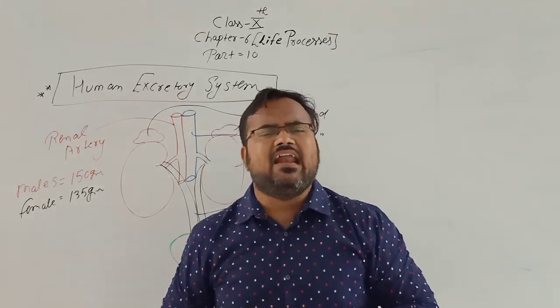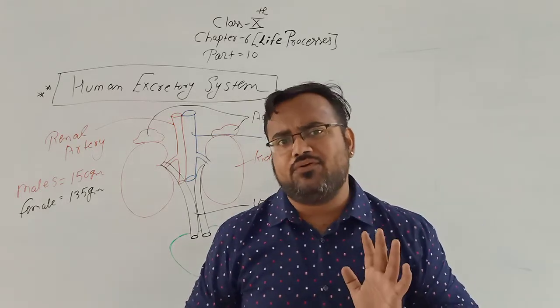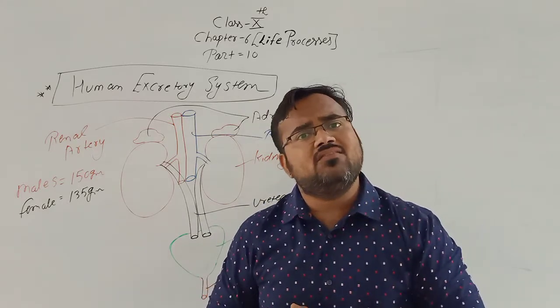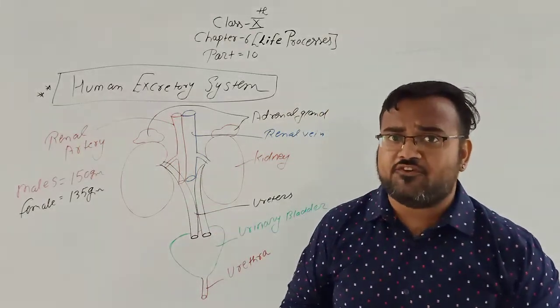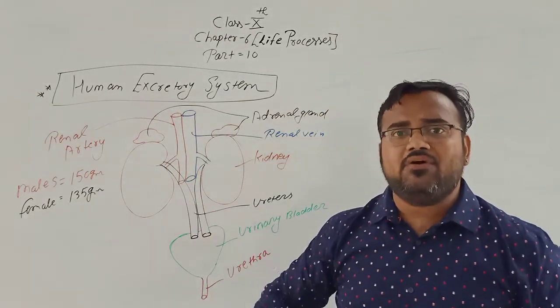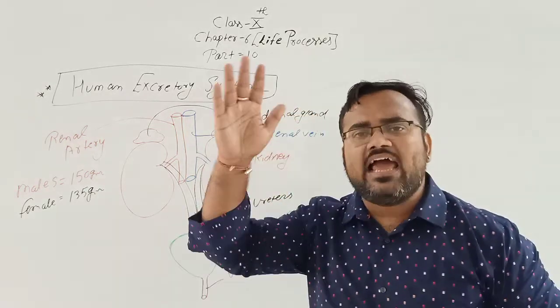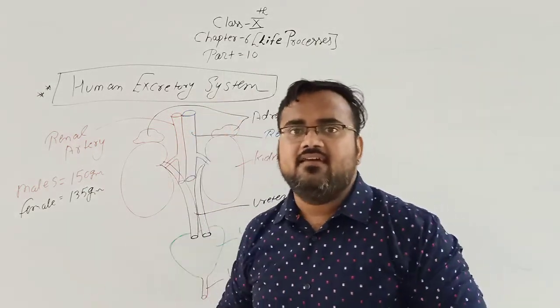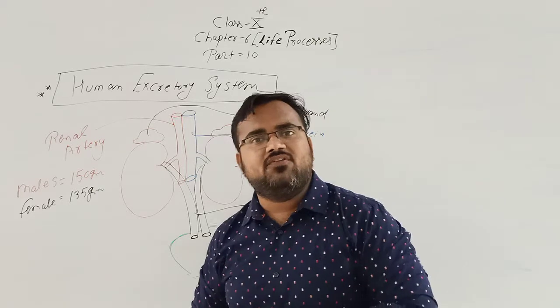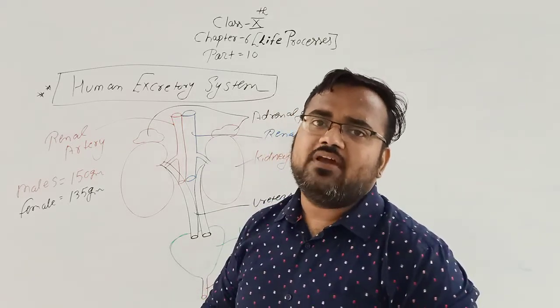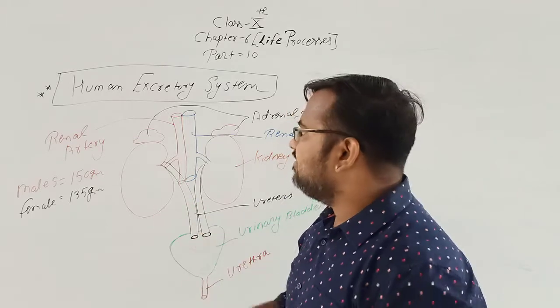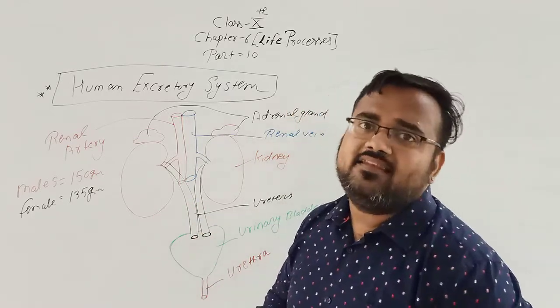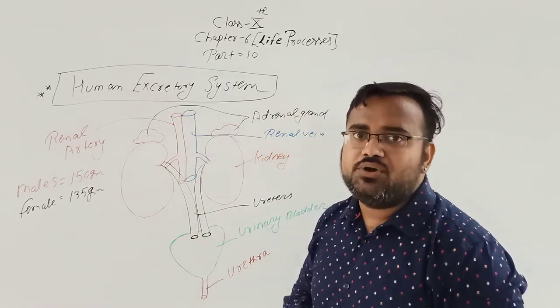In each kidney there are millions of nephrons present, and the nephron is the structural and functional unit of the kidney. If anybody asks you what the structural and functional unit of the kidney is, you can say the nephron.